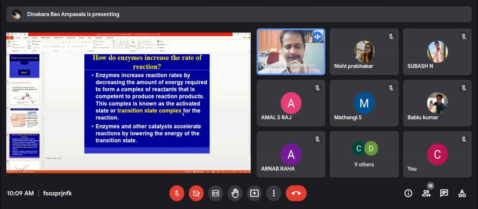We have seen in the previous graph how the uncatalyzed reaction requires a large amount of energy to activate the molecule into the transition state, or activated state molecule. When you add a catalyst or an enzyme, because enzymes are biocatalysts, that lowers the energy required to reach the transition state.